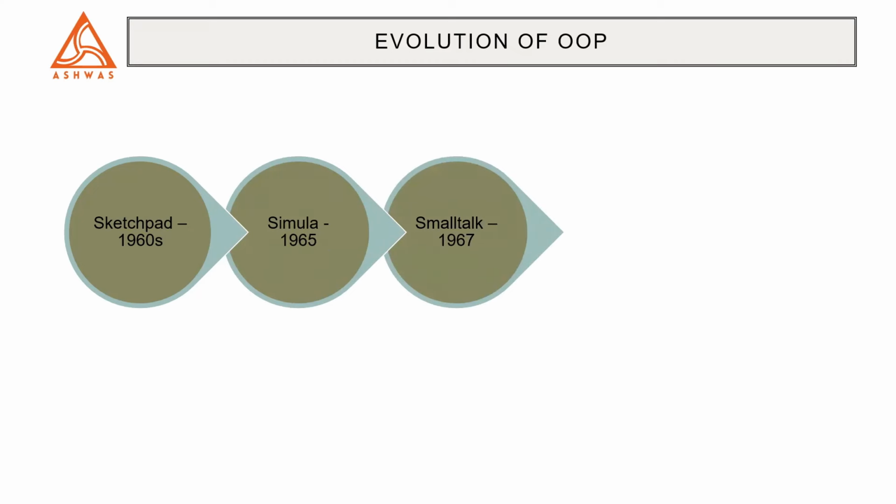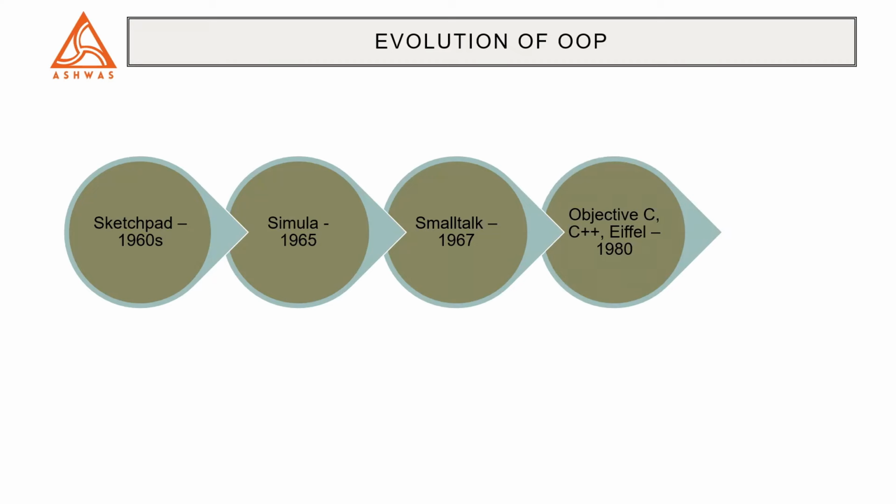Around 1967, Alan Kay, the father of OOP, delivered Smalltalk to the development community and officially coined the term OOP. By the 1980s, we had OOP languages such as Objective-C, C++, and Eiffel prominently used in the market.